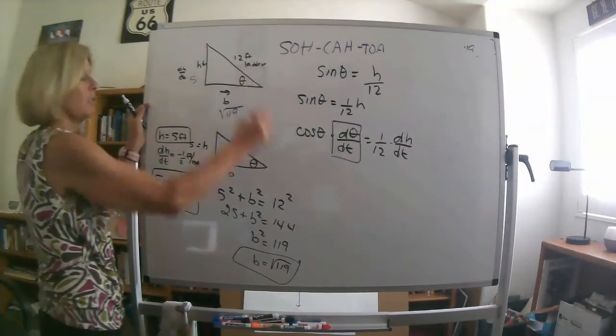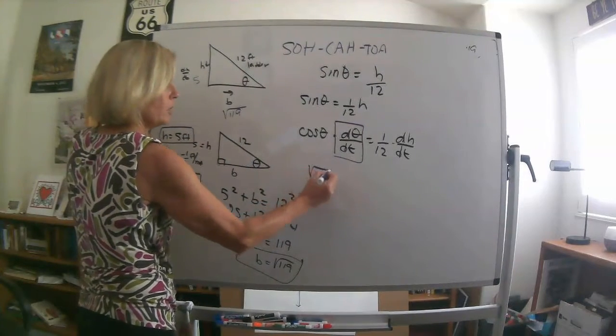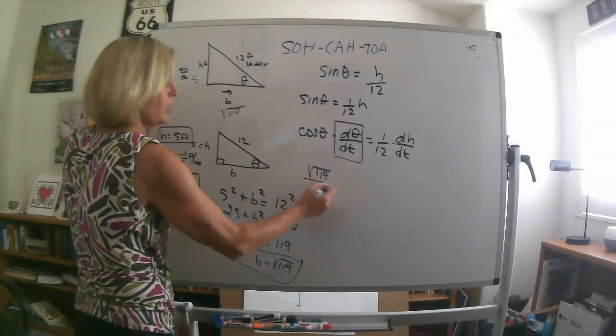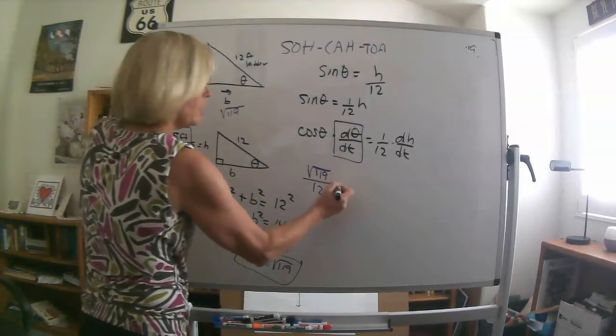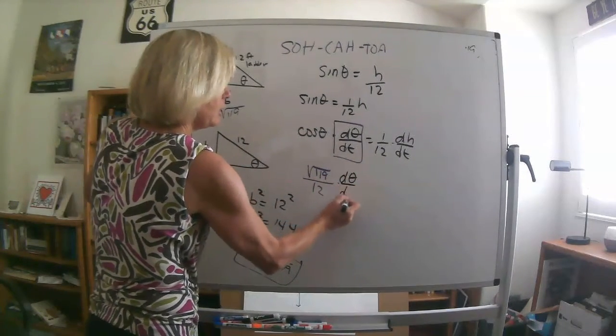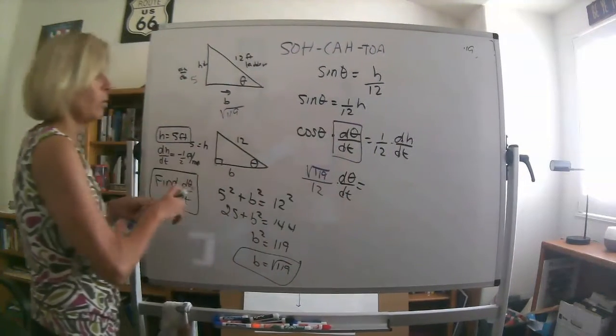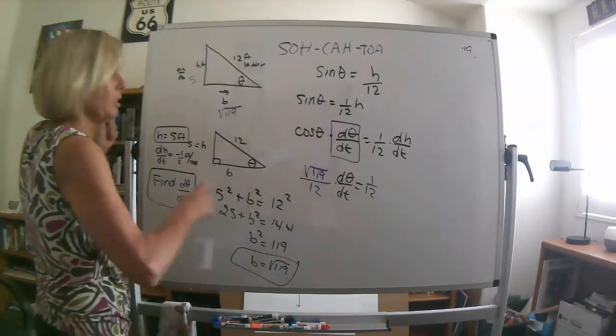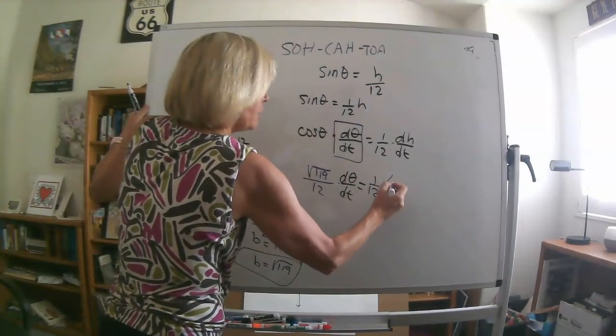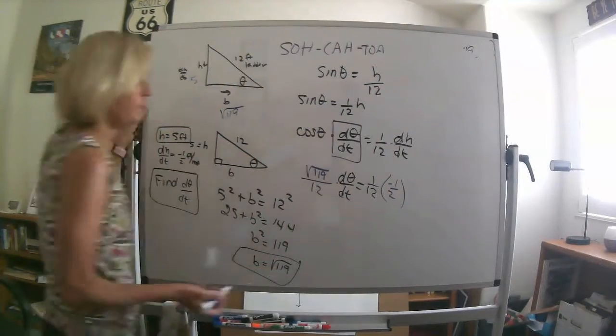Cosine is adjacent over hypotenuse. So the square root of 119 over 12 times d theta/dt equals 1/12 times my dH/dt, which is negative 1/2.